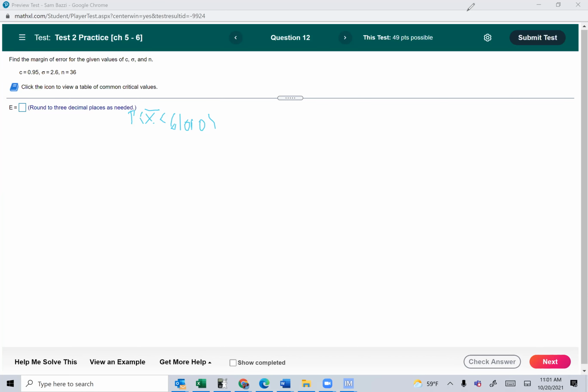He gives you sigma, he gives you C, and he gives you N. And the formula for the margin of error, guys, E is ZC, which for 95% is 1.96, times sigma, which is 2.6, divided by square root of the sample size, which is square root of 36.